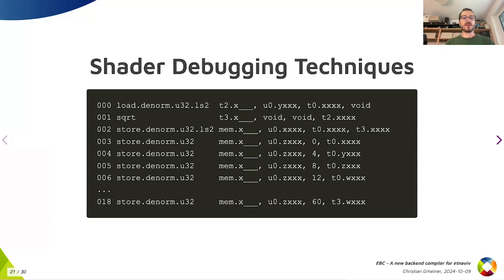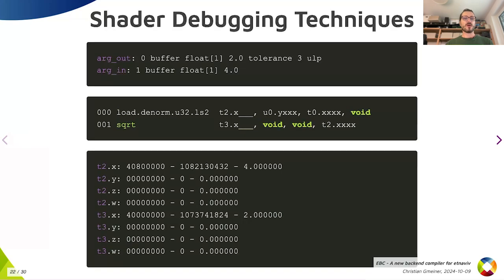After running the OpenCL kernel, we can map and read the buffer object to check the values of the registers and see how the data moved through the shader. When we put all the information onto one slide, we clearly can see the flow of data. In this example, we have an input of 4 and we get the output of 2 for this square root function.